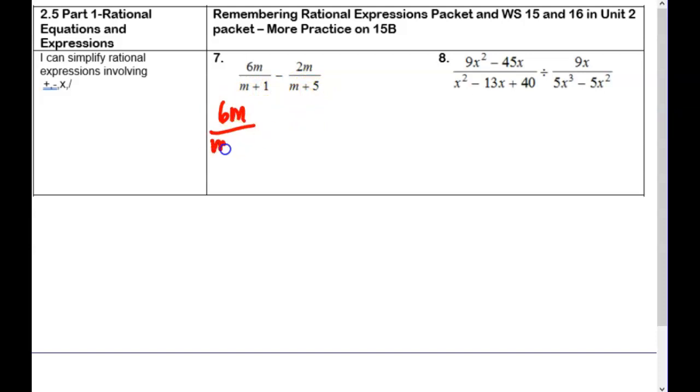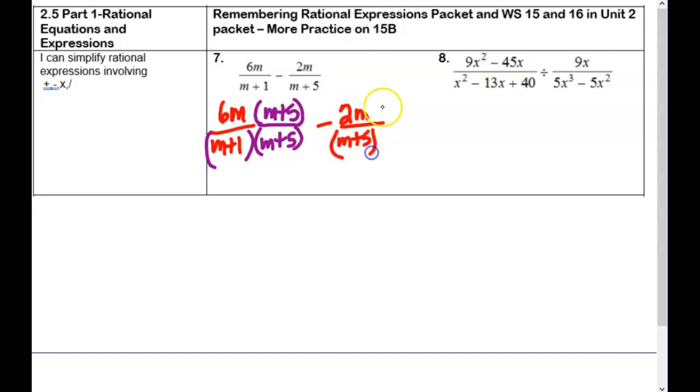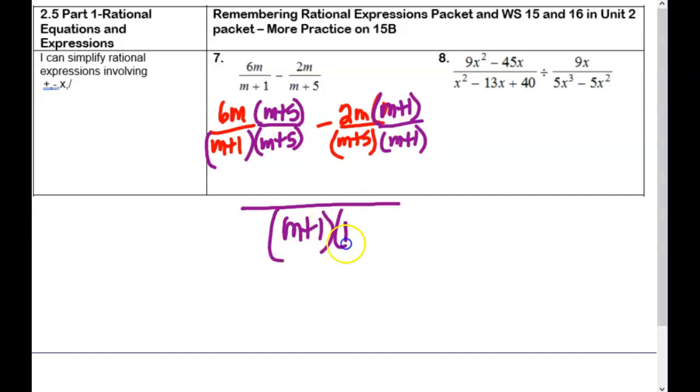So right now, this side needs an m plus 5 over an m plus 5, or this expression. And then this one needs an m plus 1 over an m plus 1. So that they now have a common denominator that has both. Okay, the top, I'm distributing a 6m.